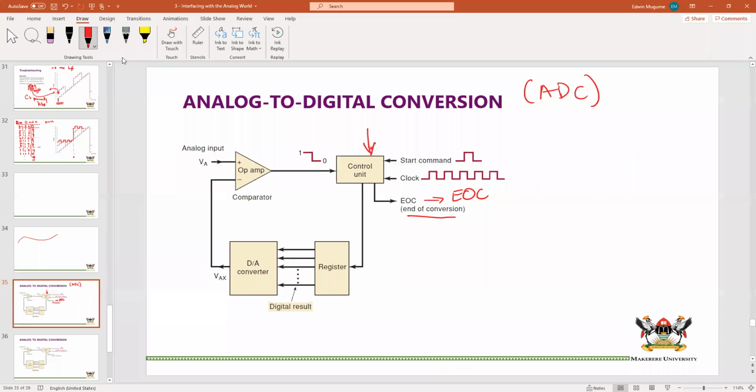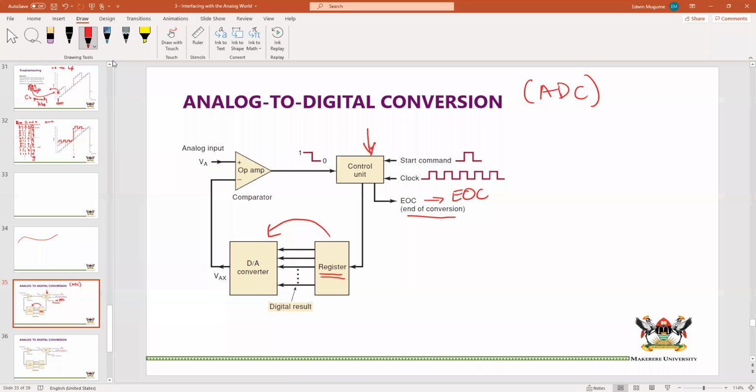Now usually you get a signal that is going into some form of register. A register contains digital bits. It can keep a digital word, like a 4-bit word if it's a 4-bit register. This information is moved into the digital to analog converter. Remember that when you are converting an analog signal into a digital one, you have an input analog signal, VA, that you are going to convert.